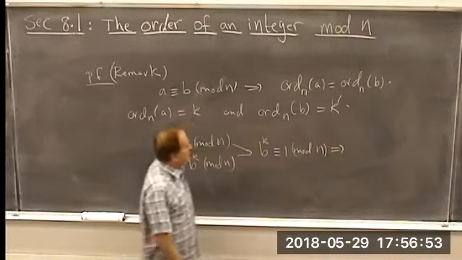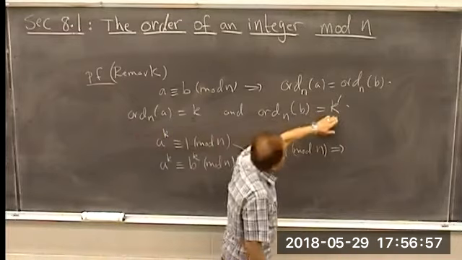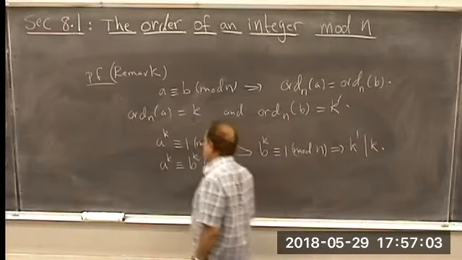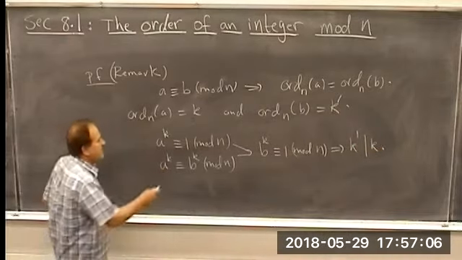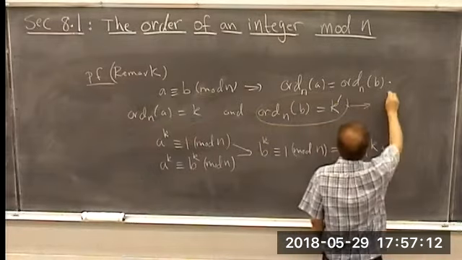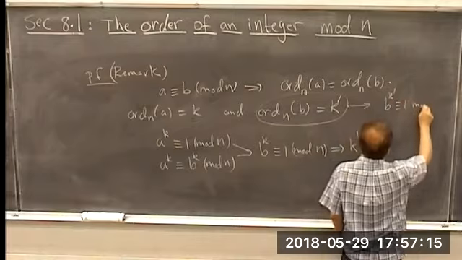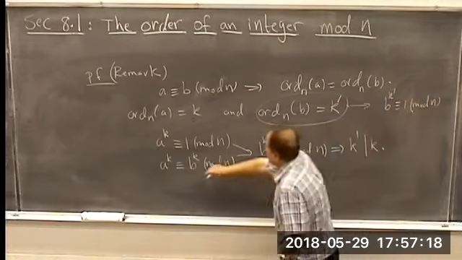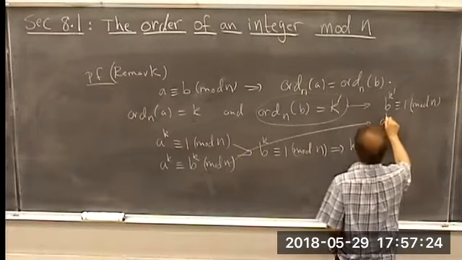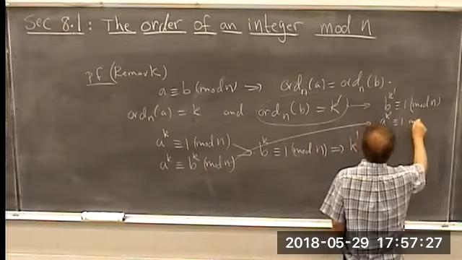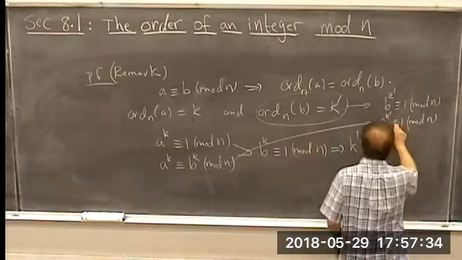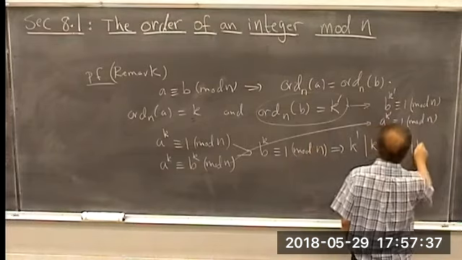Now, together with the theorem, since the order of B is equal to K prime, this implies that K prime divides K. And in reverse, you take this one, and it gives you B to the K prime is congruent to 1 mod N. And this congruence relation also gives you A to the K prime must be congruent to 1 mod N. And now the order gives you the relation that K divides K prime.